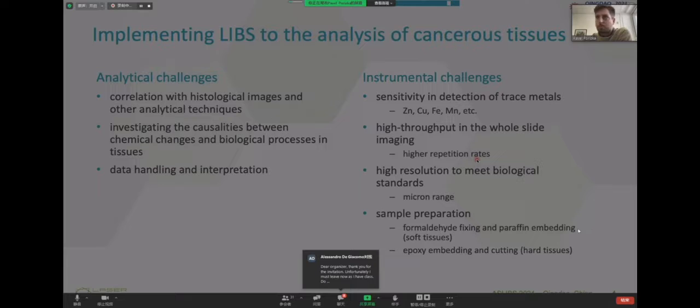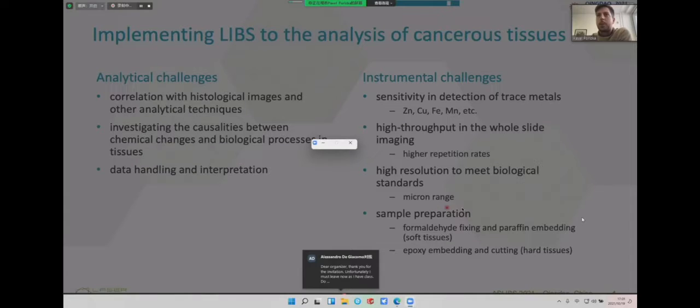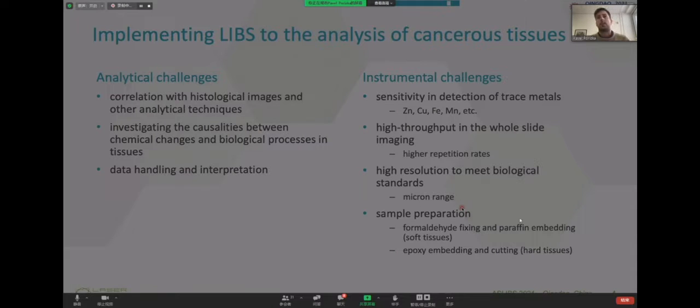Then, when speaking about biological samples, biologists are really interested in high lateral resolution, on the micro level, and this is where we get to the trade-off between sensitivity and lateral resolution. Decreasing your spot size also decreases your sensitivity and the ablated mass. This is quite an issue that needs to be solved.